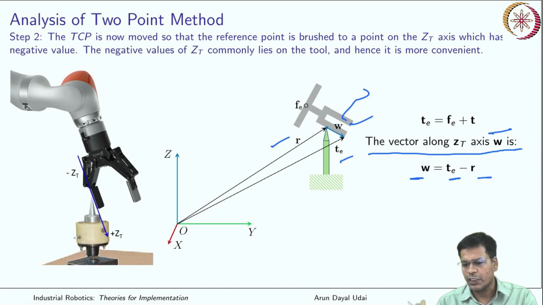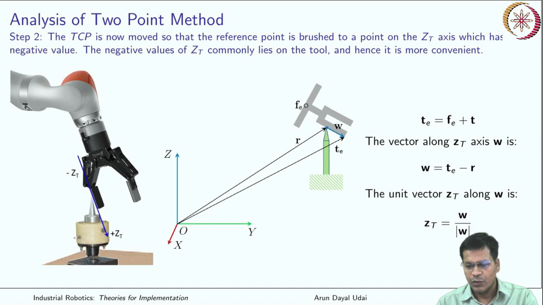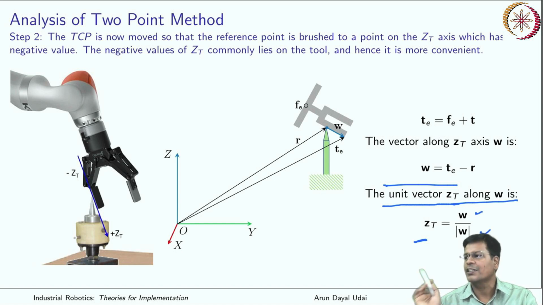So just by playing with the vector sum you can find this vector W. And it is aligned along ZT, the tool Z axis. So now you can calculate the unit vector ZT along W: ZT, that is the tool Z, is W by magnitude of W. So it is the unit vector along the Z axis of the tool. First thing that is found out.